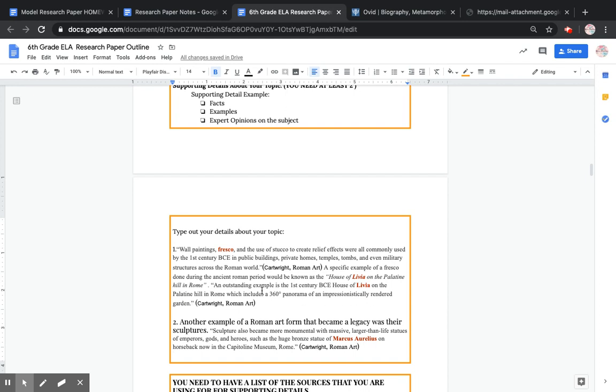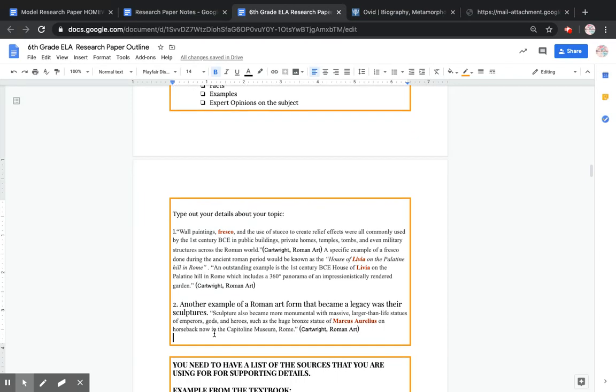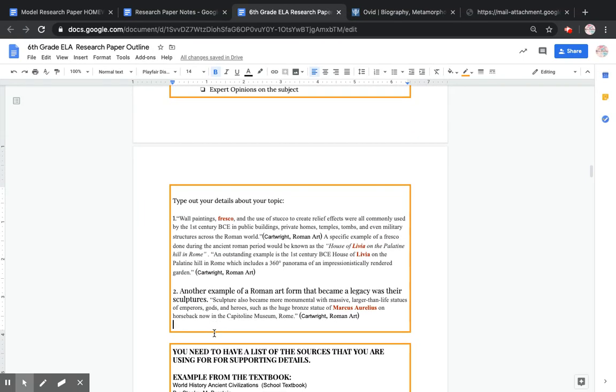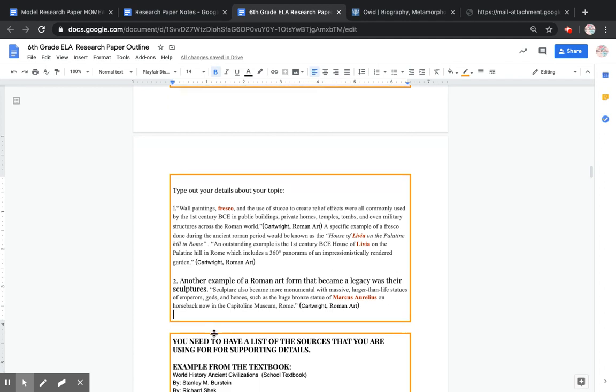And then I have my citation. Another example of a Roman art form that became a legacy was their sculptures. Sculptures had become more monumental, with massive, larger-than-life statues of emperors, gods, and heroes, such as the huge bronze statue of Marcus Aurelius on horseback, now in the Capitoline Museum in Rome. So I do have my examples cited right there as well.